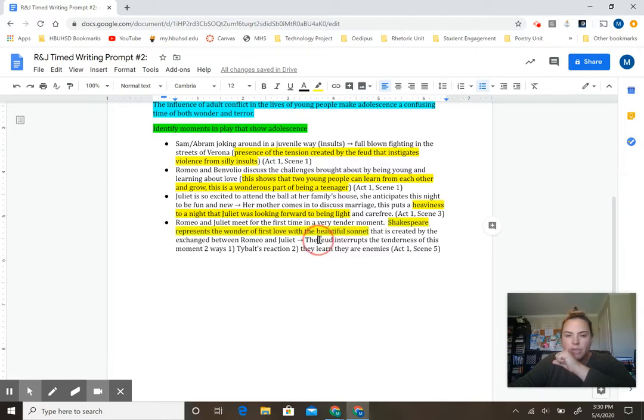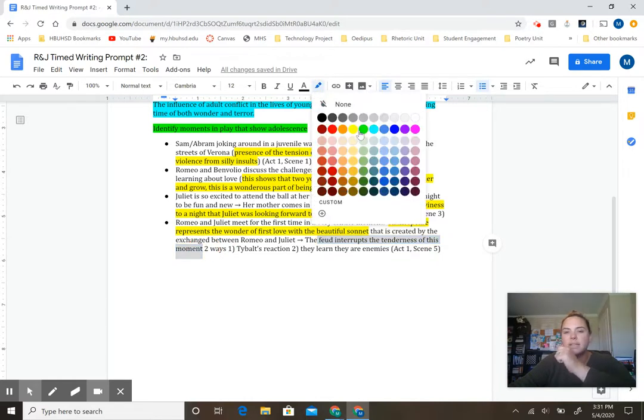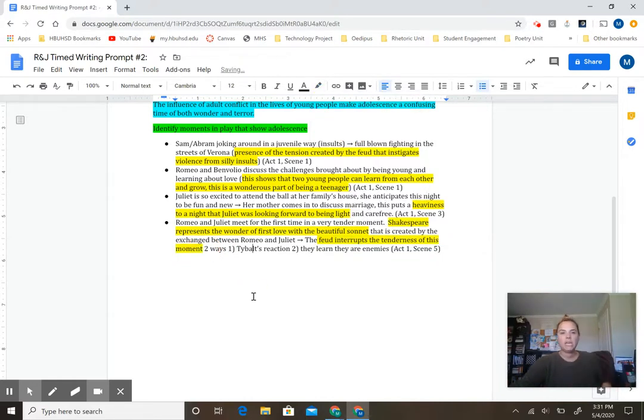I think the feud interrupting the tenderness of this moment is analysis, because it's an opinion-based idea. But then these two ideas, the two ways that it interrupts it, are your moments from the play that we are just identifying to show moments of adolescence.